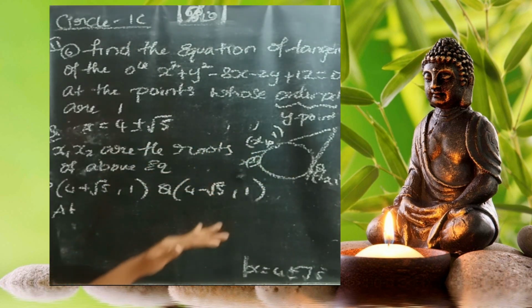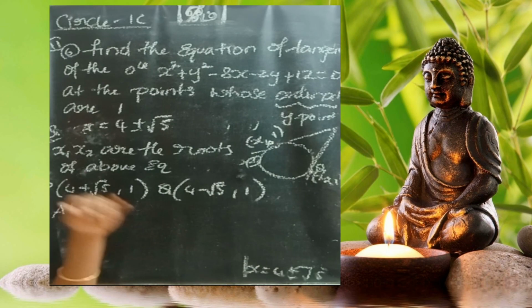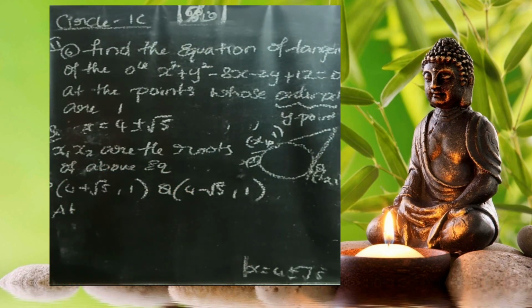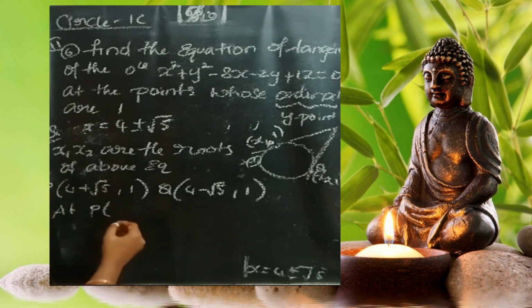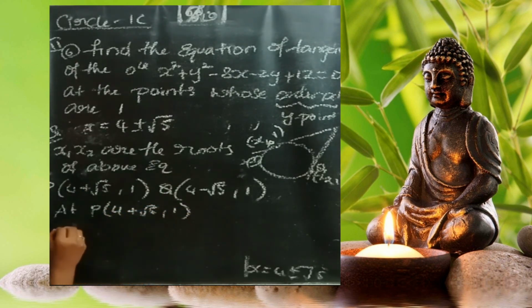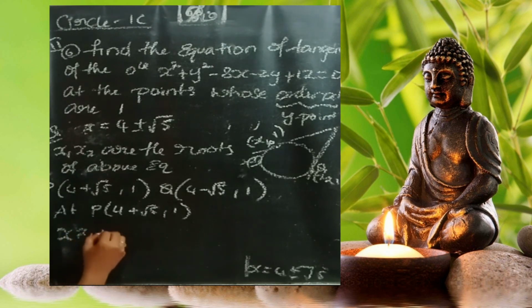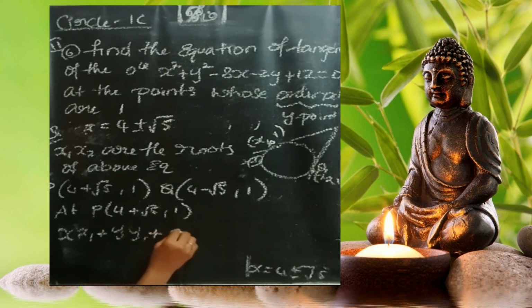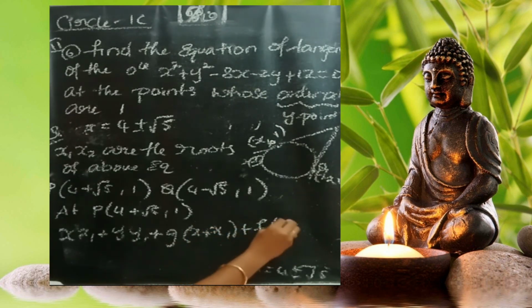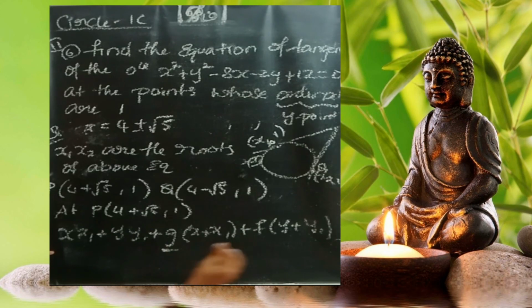Now we have to find the equation of tangent. If they have given one point and we need the equation of tangent, we know one formula, which we already discussed in the first problem of the first exercise: x x1 plus y y1 plus g into x plus x1 plus f into y plus y1 plus c equals 0.